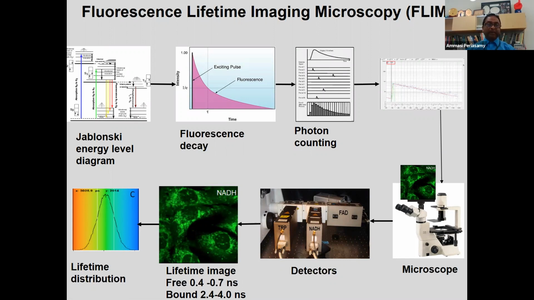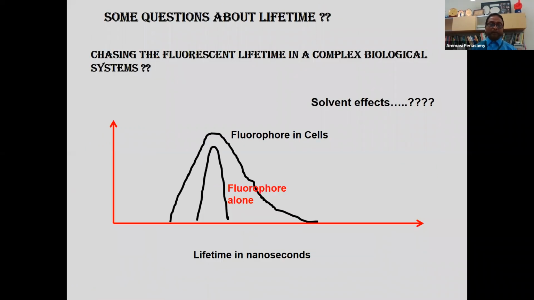Using the intensity method, it is very difficult to separate the free and bound NADH signal using spectrophotometry. That is why the lifetime technique is advantageous for discriminating different information, as cellular biology is complex. So that is the cellular information.